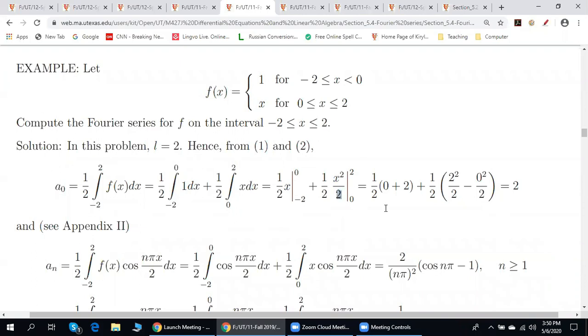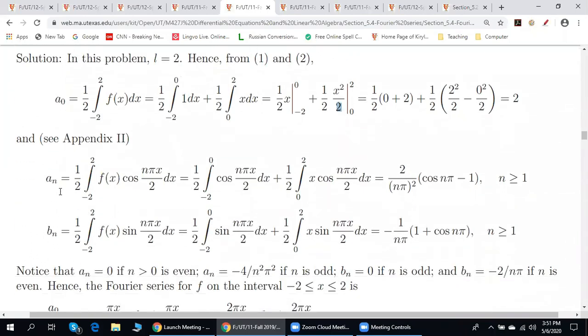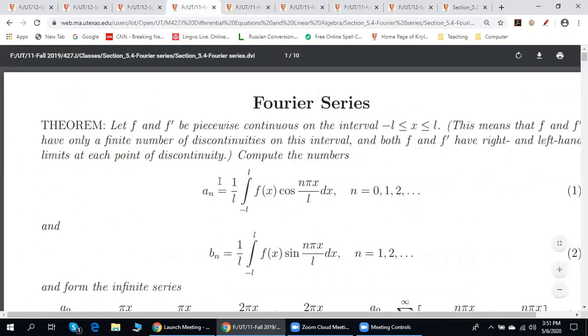We plug in the numbers, we do arithmetic, 2. So A0 is equal to 2. Now, in order to find an and bn, where n is greater or equal to 1, we apply these formulas, which are again taken from here.